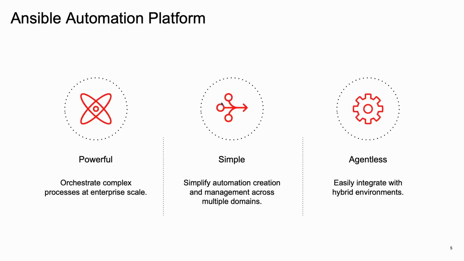One of the first things is why we actually chose Ansible automation platform, right? As many of you know, one of the challenges for customers using the IBM Z platform is the skills issue, right?